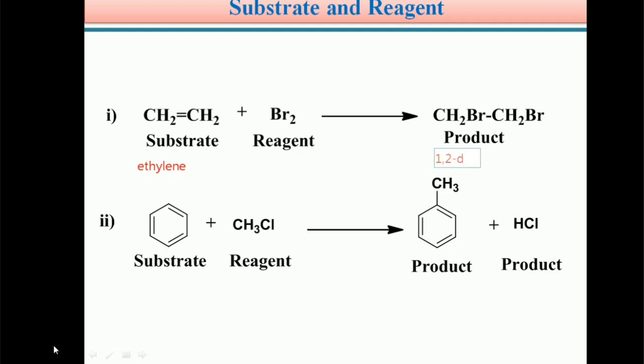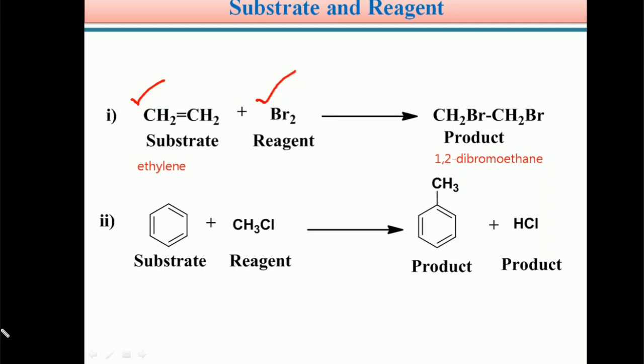In this example, ethylene supplies carbon to the new bond formation. Hence, ethylene or ethene is considered as a substrate. Here, bromine is added to the ethylene. Therefore, bromine is a reagent.